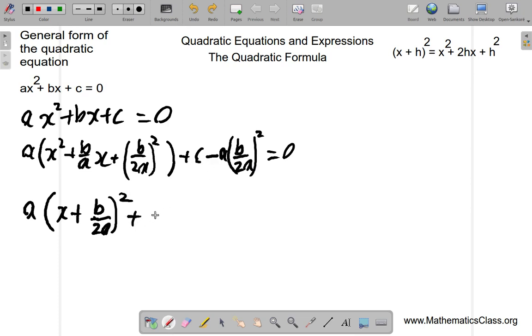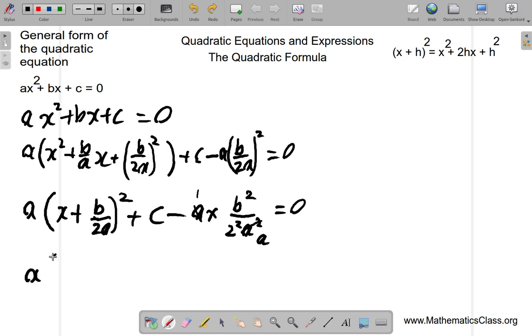So we say plus c minus a times b over 2a squared. We can separate each letter and number and say it's b squared over 2 squared a squared, equals 0. Look at this: a into a goes 1 time, a into a squared goes a times. So we can simplify it that way.